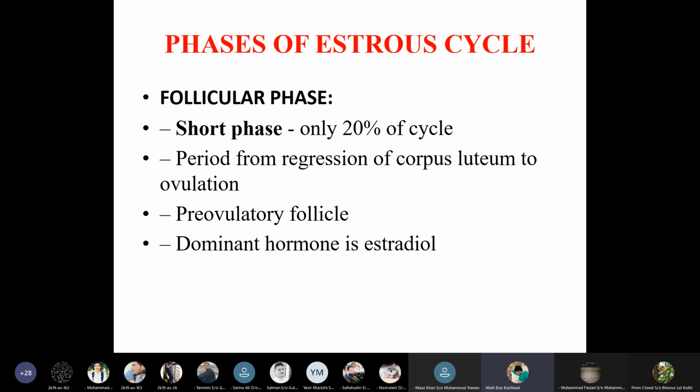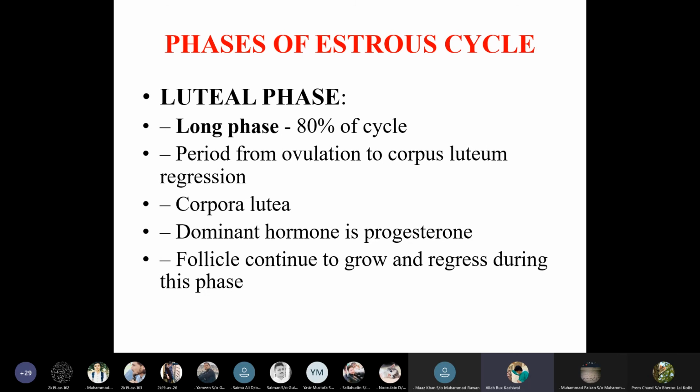This phase is only to ovulate the egg, or ova, from the ovary. The follicles grow, mature, and rupture, and it gives the ova. So this is the phase in which the ova is produced.